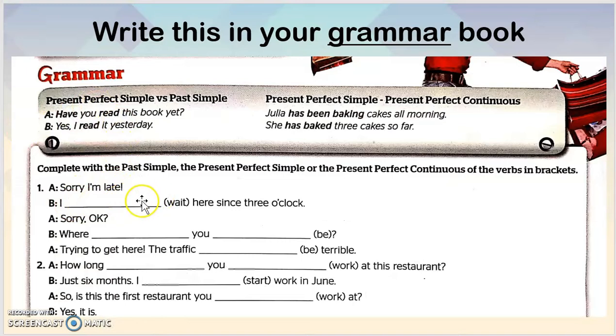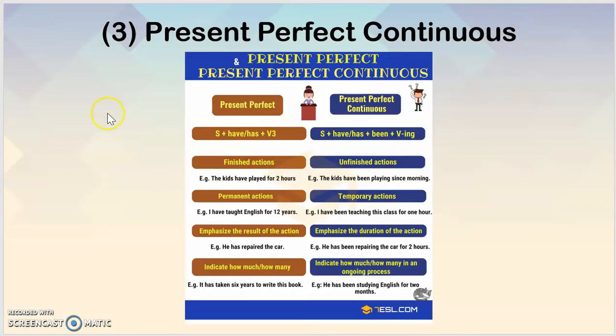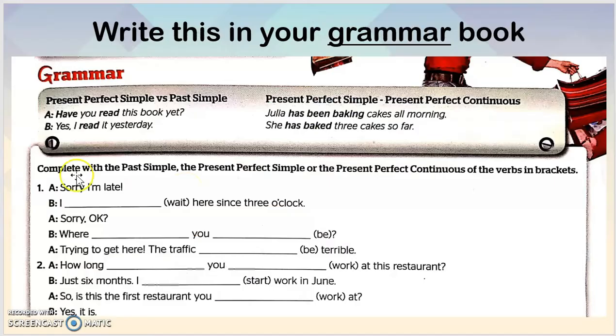Sorry, I'm late. So B says, I blank here since 3 o'clock. Let's go back to present perfect continuous. You plus have or has and been plus verb ing. I is the subject, so you plus have.